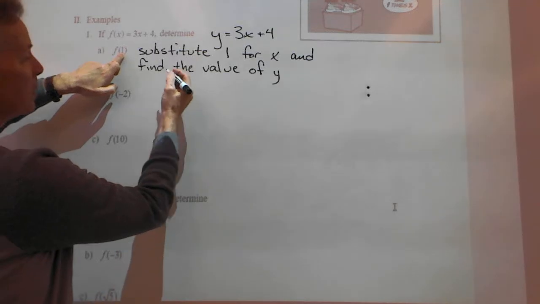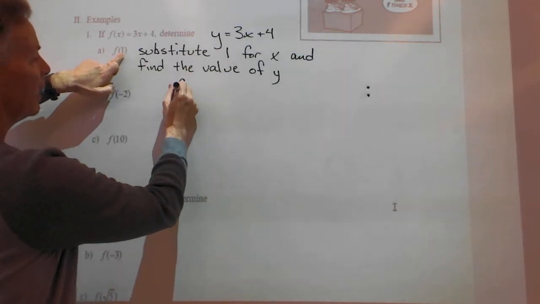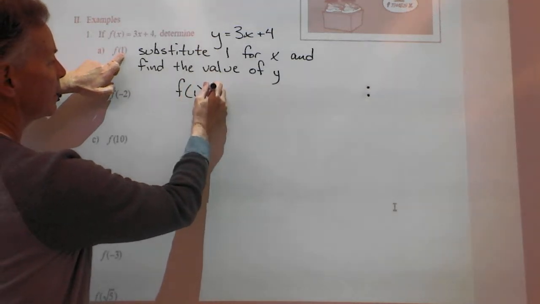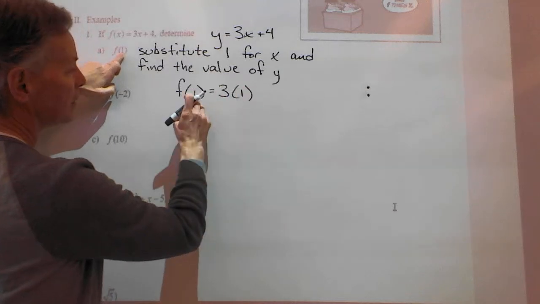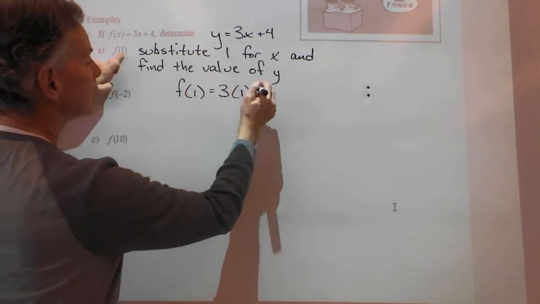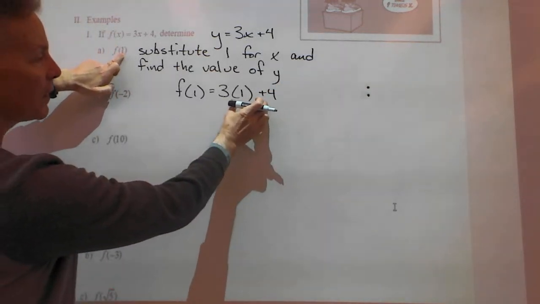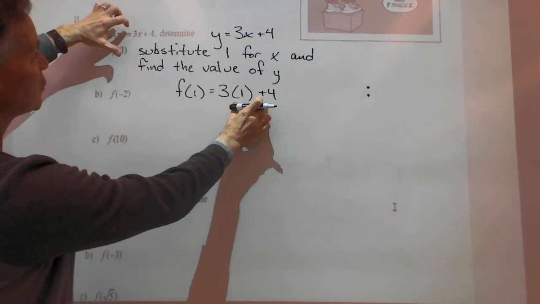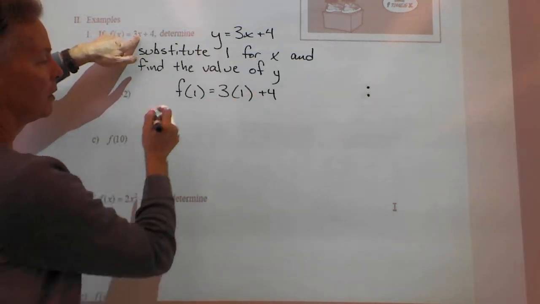So our new expression or equation will become f at 1 equals 3 times 1. Notice I've just substituted a value of 1 wherever I see x, plus 4. So again, notice that this is just like our original, except I've subbed in a value of 1.